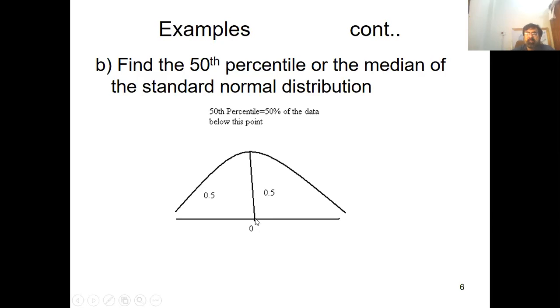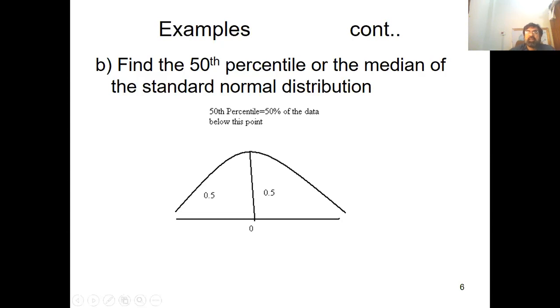The reason is, if a person is included in the 50th percentile, it means he has not moved from this midpoint either to the right or to the left. So the z-score will become 0. Whenever you move to the right or left of this midline, then there will be a different z-score. But for this particular 50th percentile, the z-score is 0.